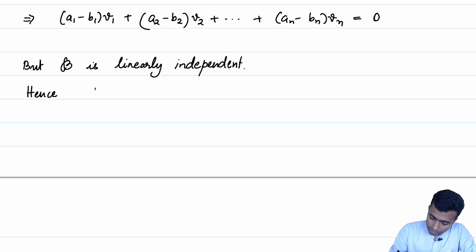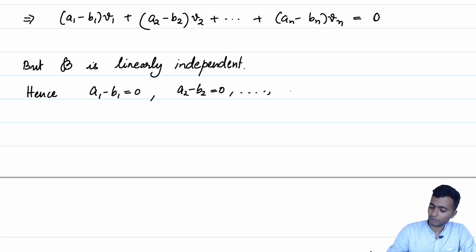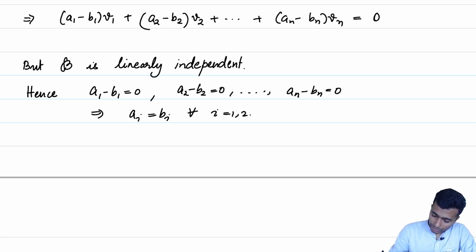Hence A1 minus B1 is equal to the scalar 0, A2 minus B2 is the number 0, and so on, An minus Bn is equal to 0. This implies Ai is equal to Bi for all i equal to 1 to n.